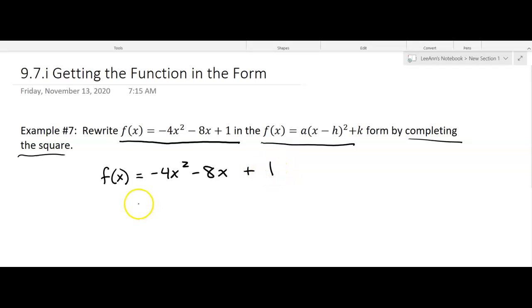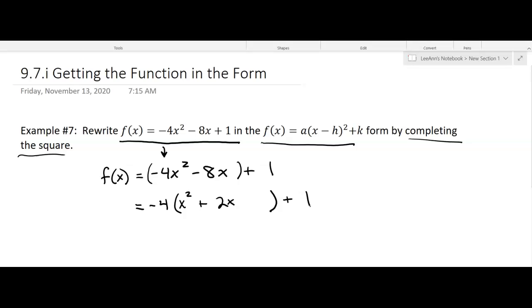If there is a coefficient other than 1 on x squared, you have to factor that out. Now, we're going to take these two terms and push the 1, the constant, down toward the end. So I'm going to take out the negative 4. That's going to give me x squared plus 2x, leave a little space, plus 1.